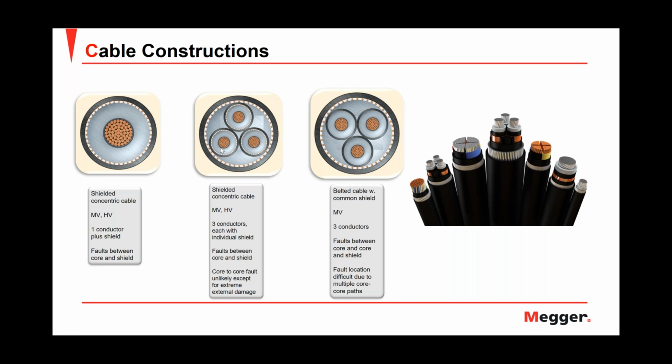In this case, the fault may occur between any of the three cores and its individual shield, because the distance is the lowest. But if we consider the other three-core cable, in which we have only one common shield, the fault may occur between the conductors, but also between any of the conductors and the concentric or the shield. For this reason, it's very important that we know how the cable is constructed.